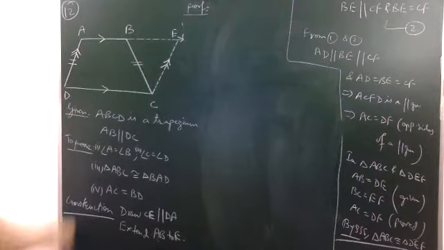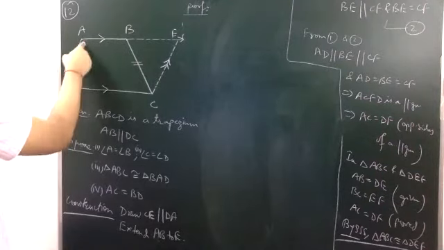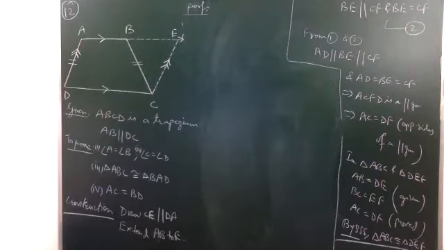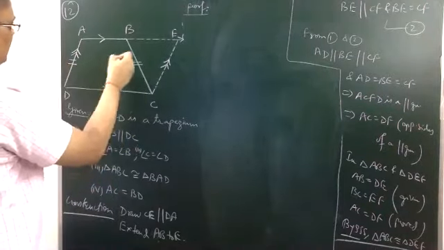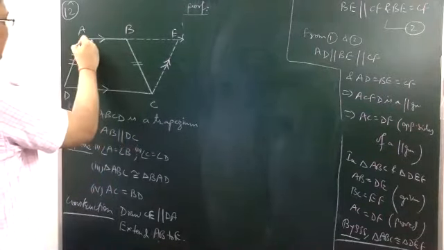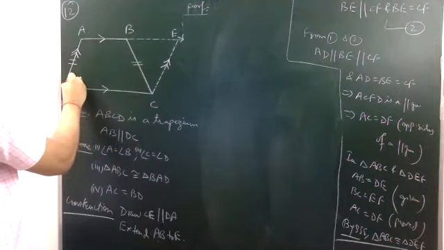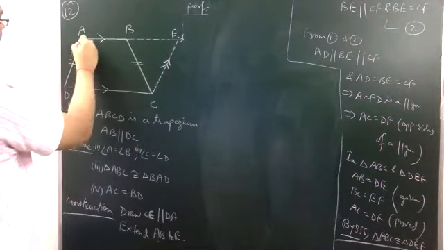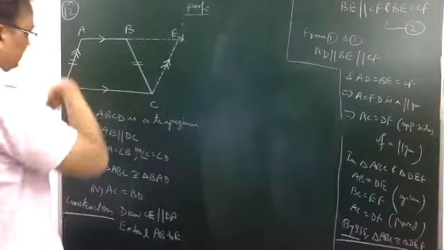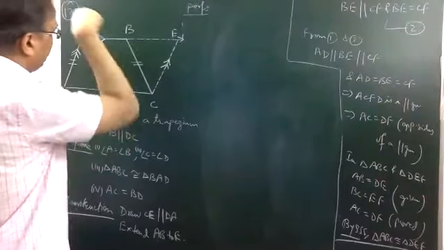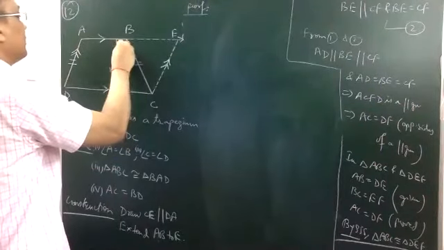We know that this angle A plus D is 180 degree, and this angle A plus E is also 180 degree. पहले इसको कर लो, फिर इसको कर लो.